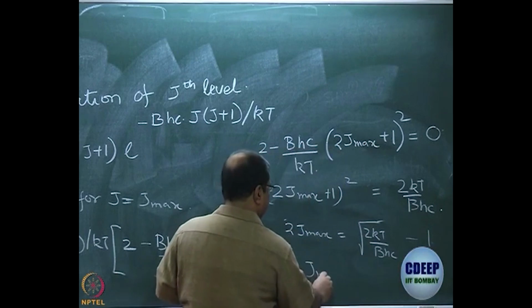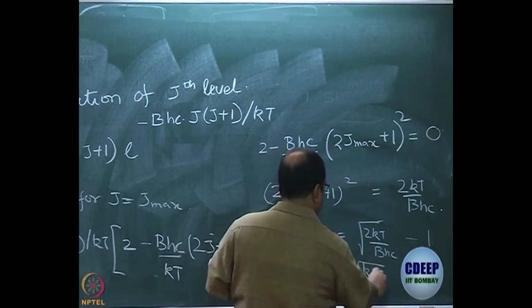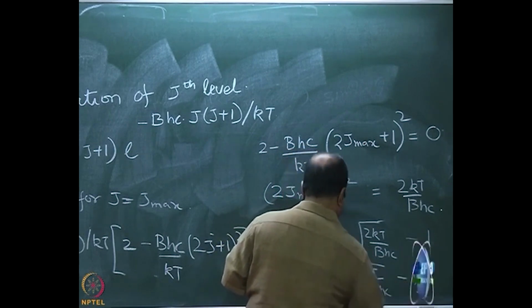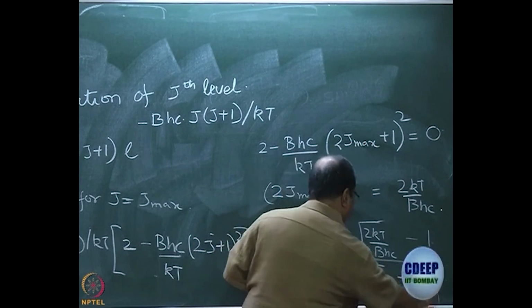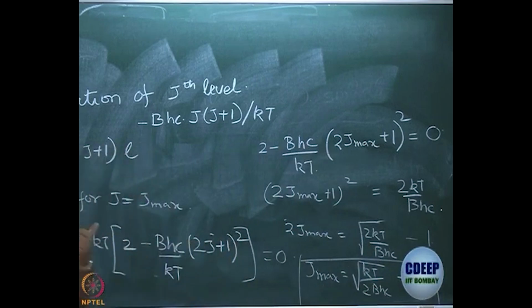So, J max equal to root over KT by 2 BHC minus half. Yeah, right? Is that right?